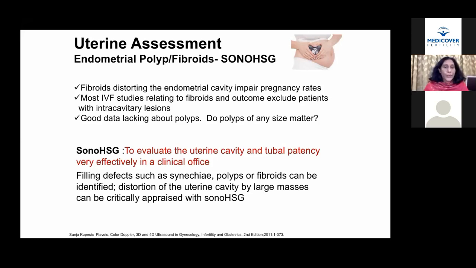Now, how do we evaluate the uterine cavity with an ultrasound? Sonohysterography can be done very effectively in a clinical office. Filling defects such as synechiae, polyps or fibroids can be identified, and distortion of the uterine cavity by large masses can be critically appraised with sonohysterography.